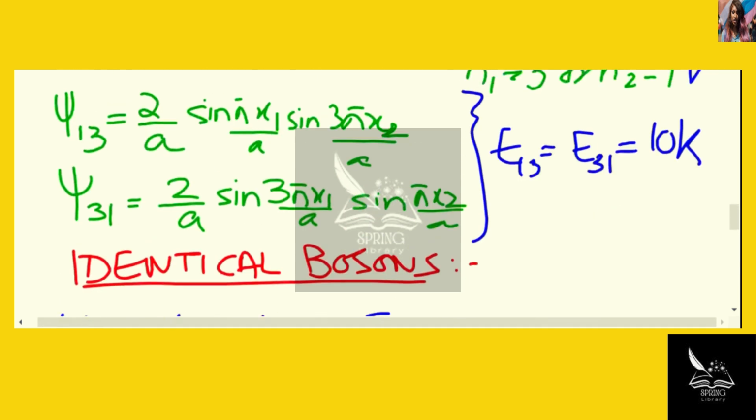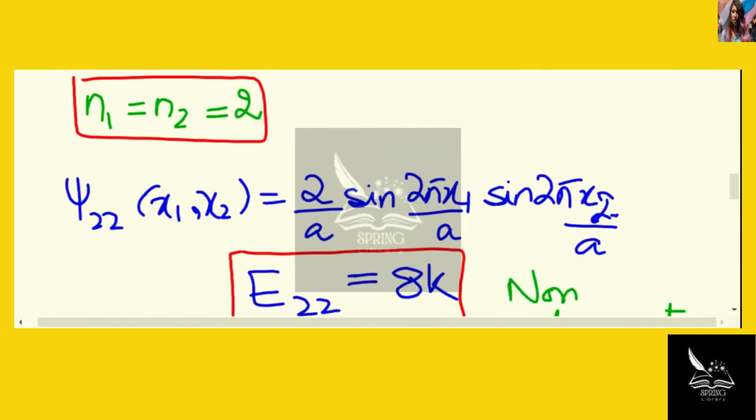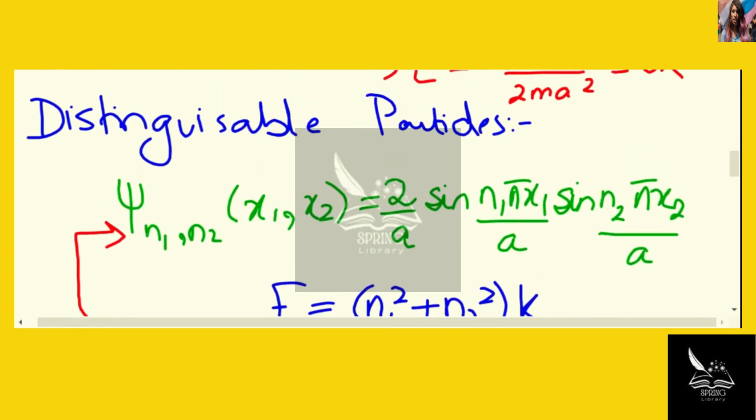That is similar to the energy that we found for the case when we had distinguishable particles, right?